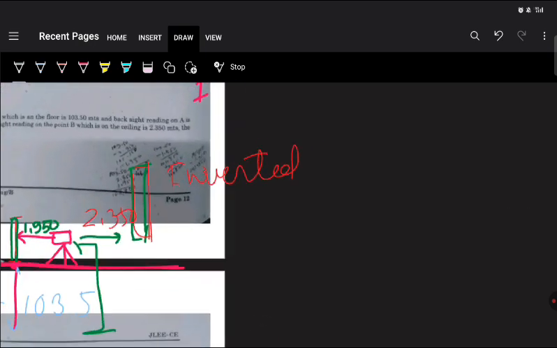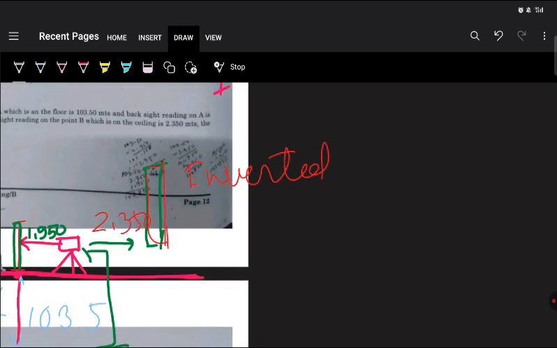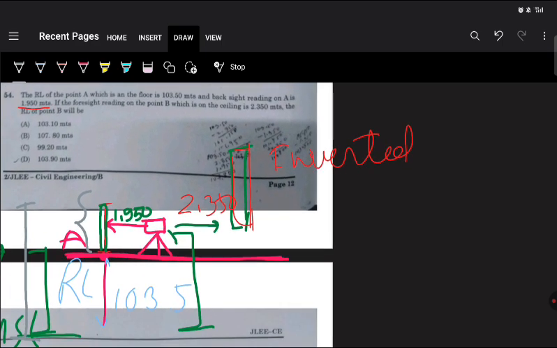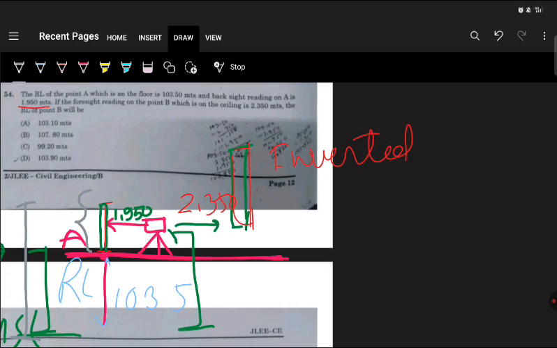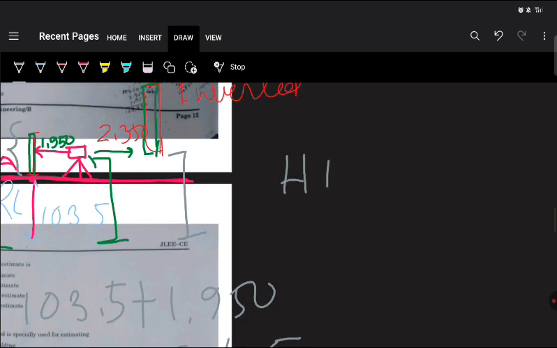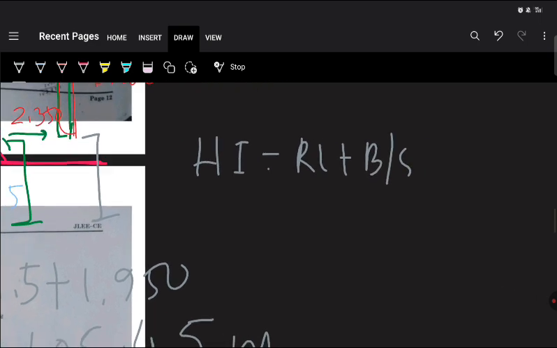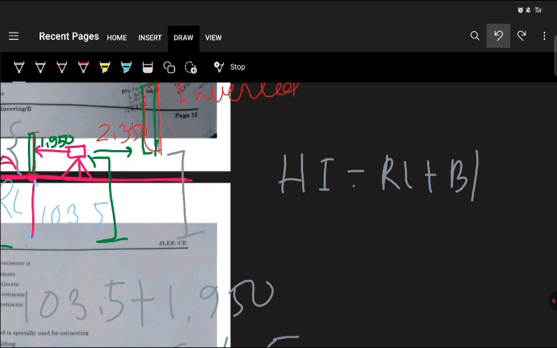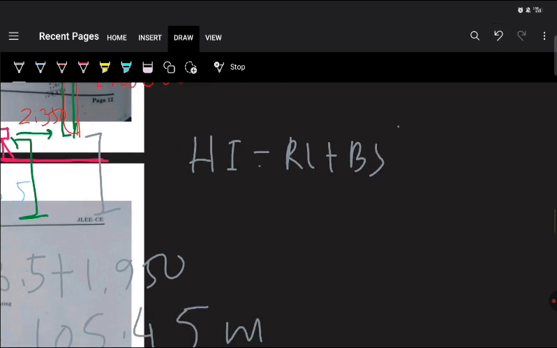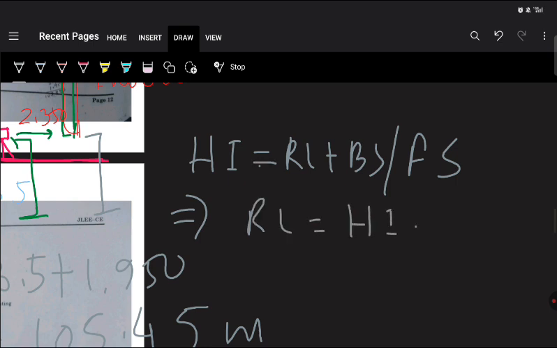Now we need to find the RL of point B. How will I find that? Height of instrument is equal to RL plus backsight or foresight, so RL is equal to height of instrument minus backsight or foresight.